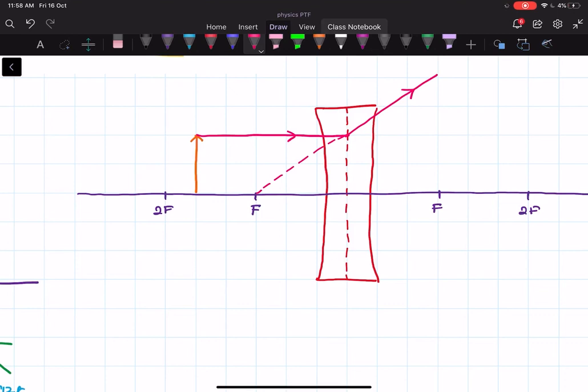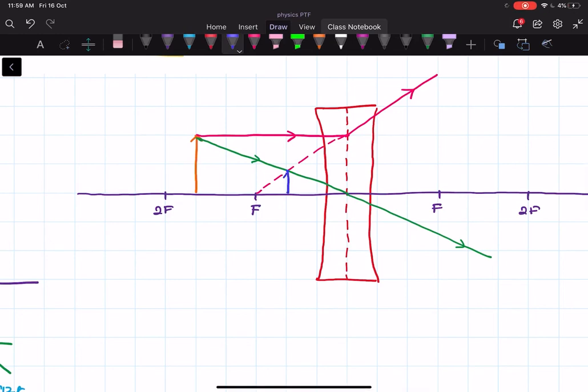And I'm going to use rule number 1 which says a light ray which is directed towards the optical center, the center of the lens, will not be refracted, or will move in a straight line here. So therefore, I can find an intersection point here.